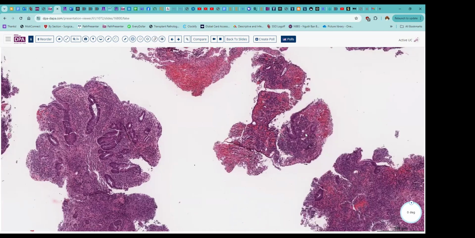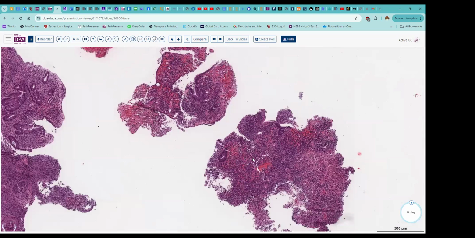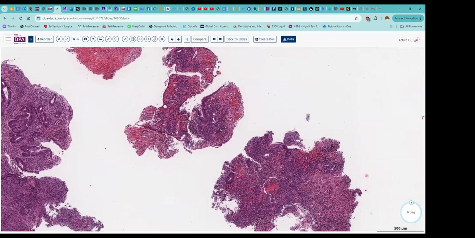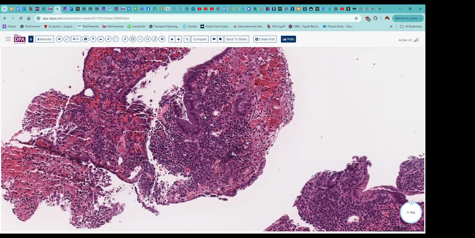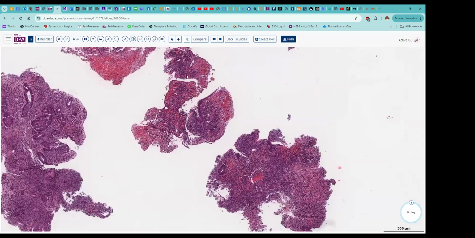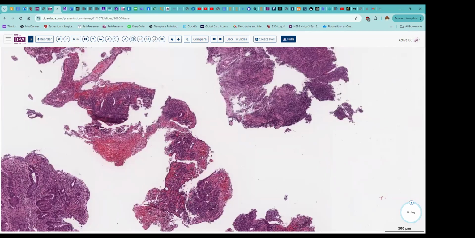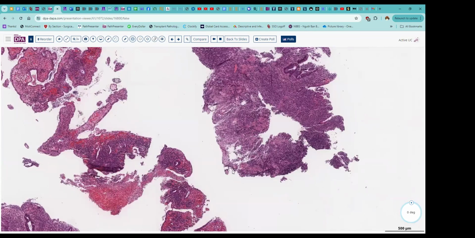So that's an indication of chronicity. The dense lymphoplasmacytic infiltrate puts this in the category of chronic colitis. And so this certainly looks to be an inflammatory bowel disease.